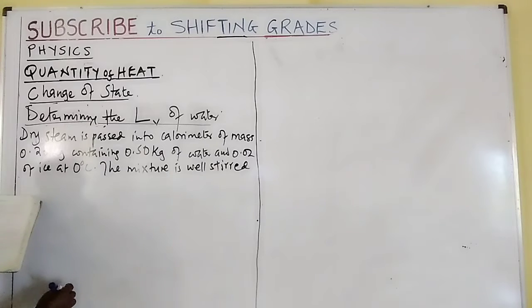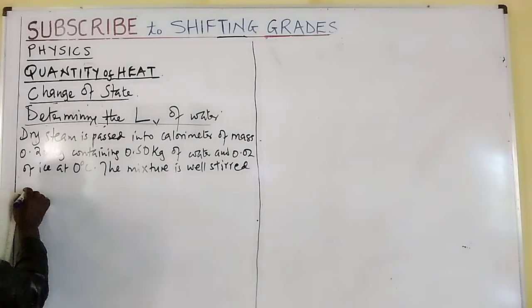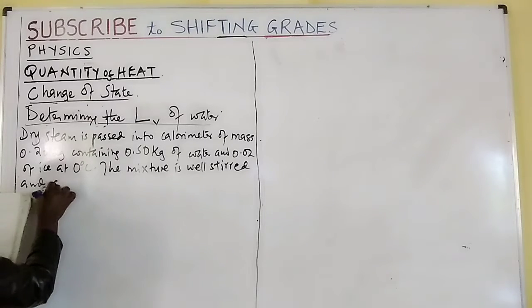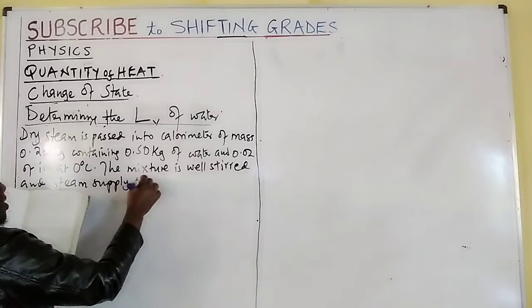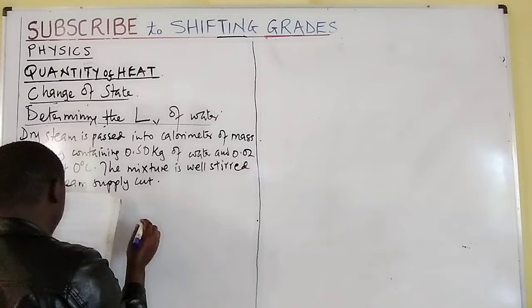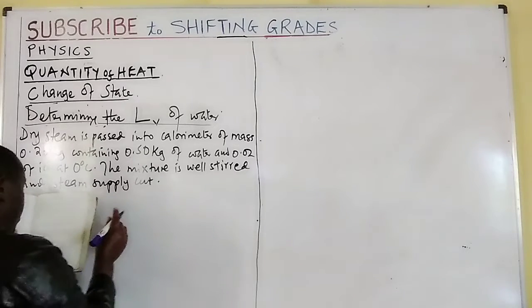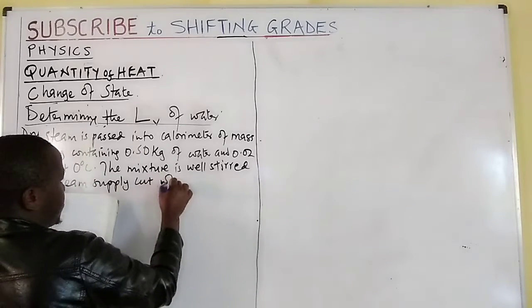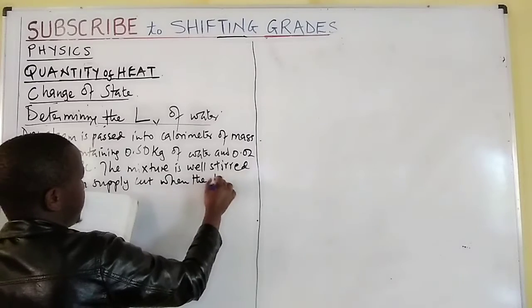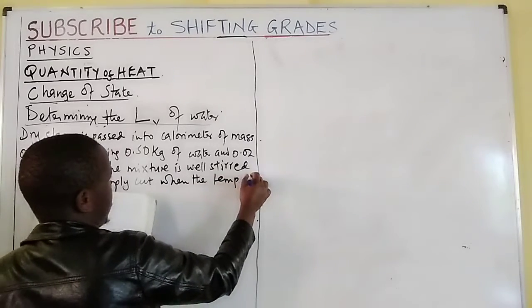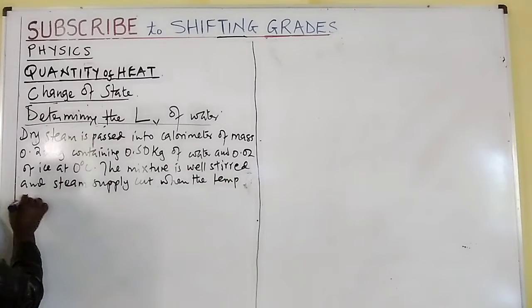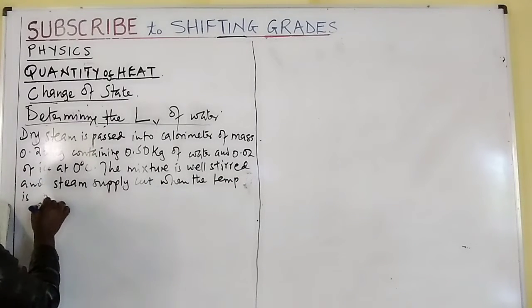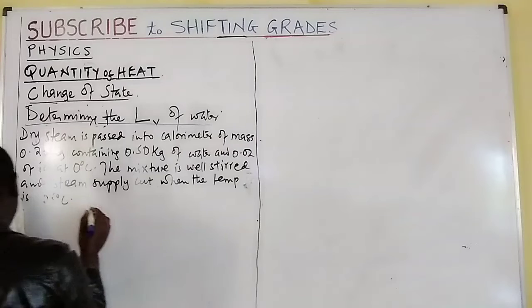The steam supply is cut off when the temperature of the calorimeter and its content, or the common temperature in other words, is 25 degrees Celsius.